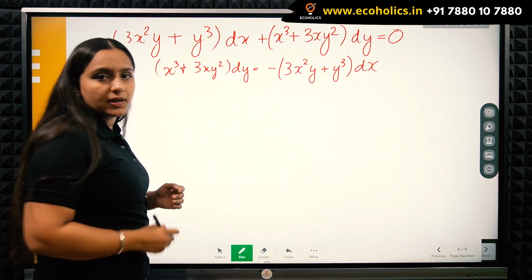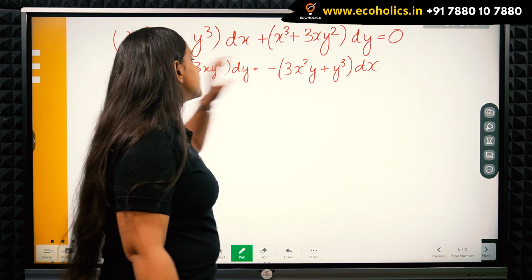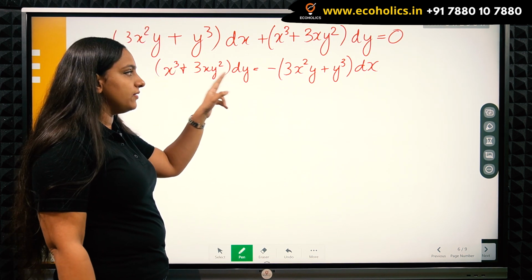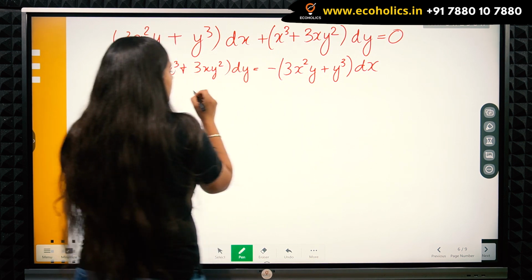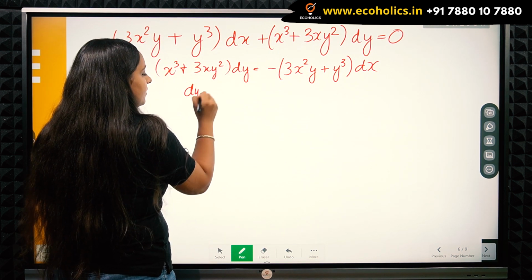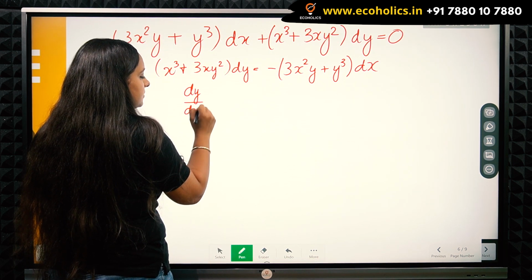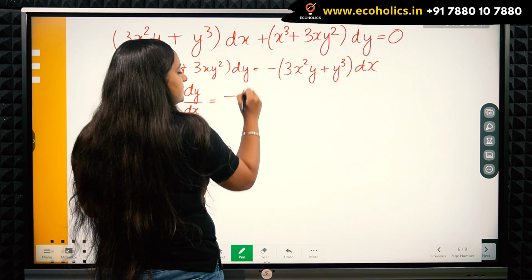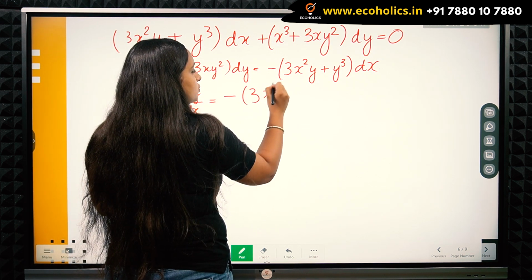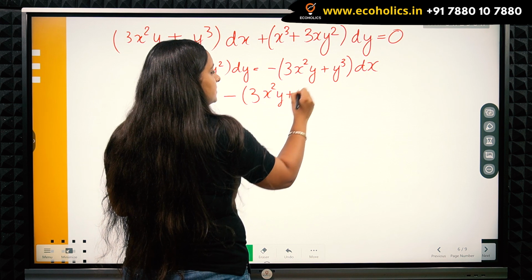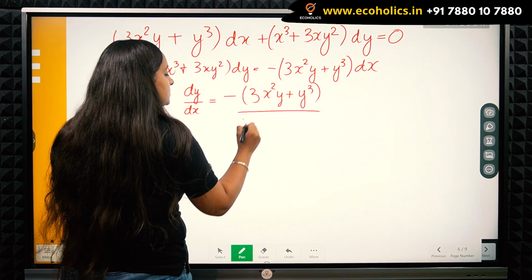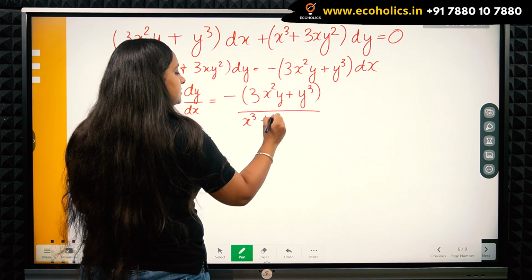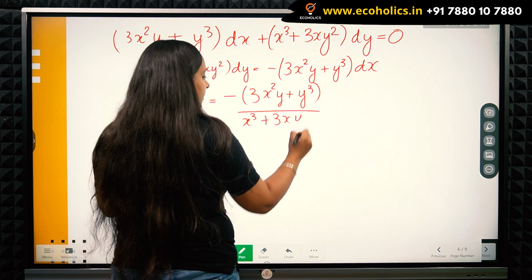Now the next step is to bring this dx here along with dy and to take this coefficient bracket here. So I will get dy by dx equals minus (3x square y plus y cube) upon (x cube plus 3xy square).